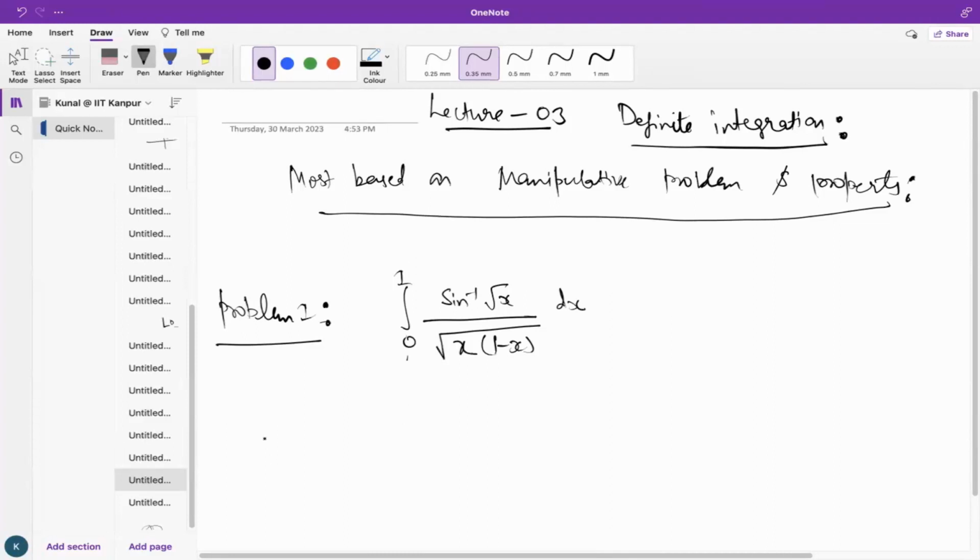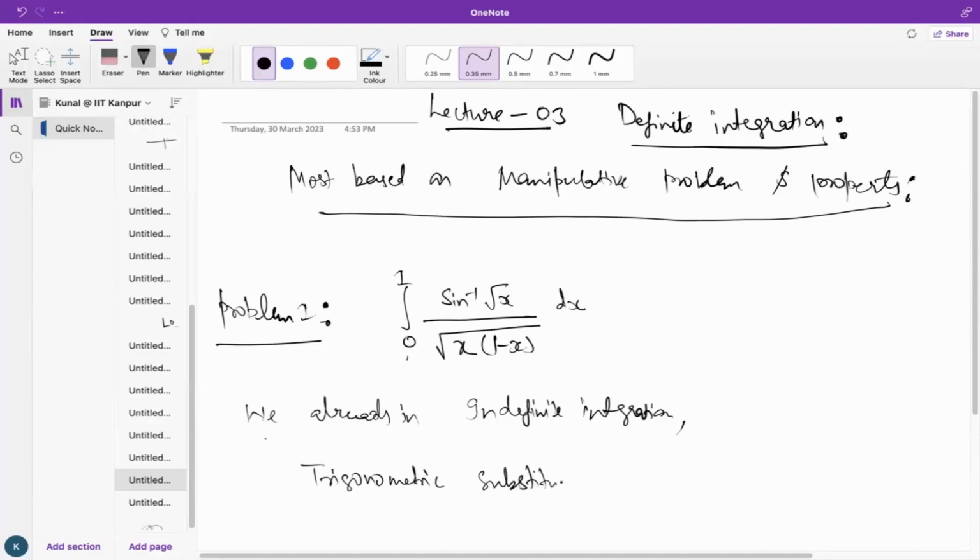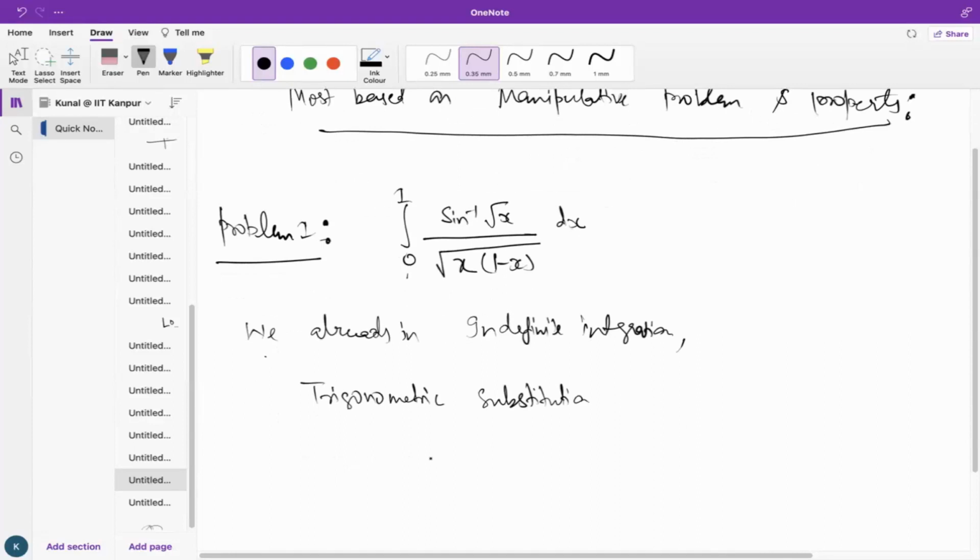We already read this in indefinite integration, in the trigonometric substitution part. If you remember, we read that if somewhere we find x into 1 minus x, we substitute either x is equal to a sine theta or a cos theta, and then proceed.